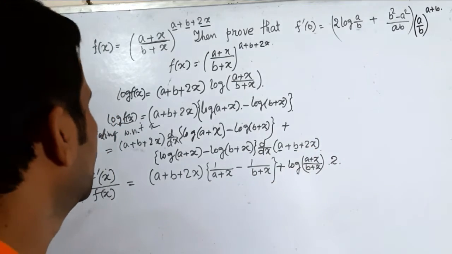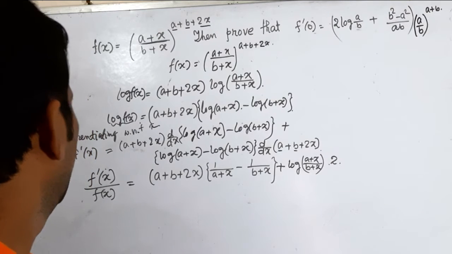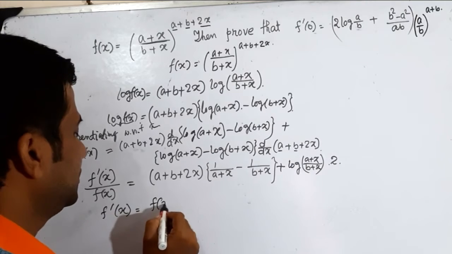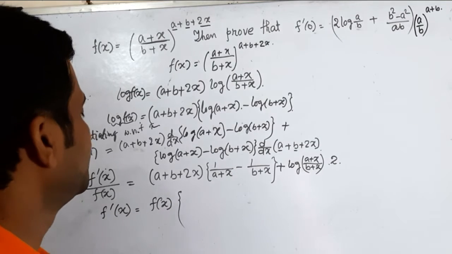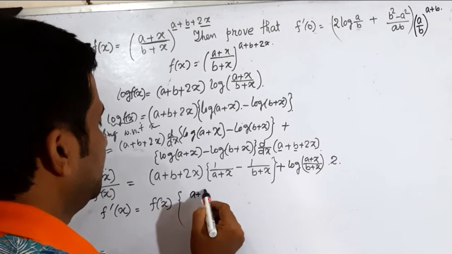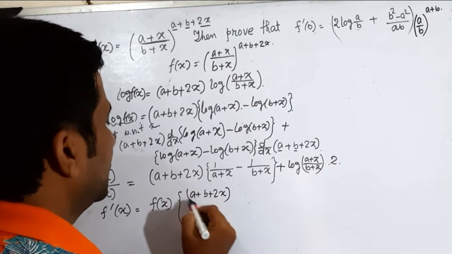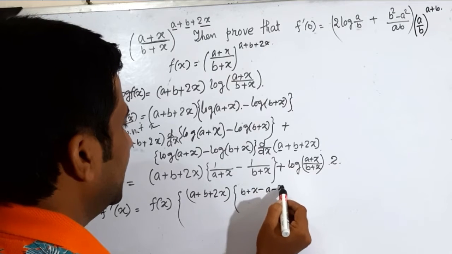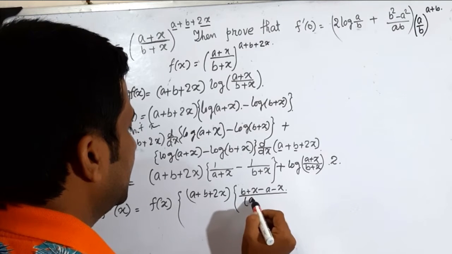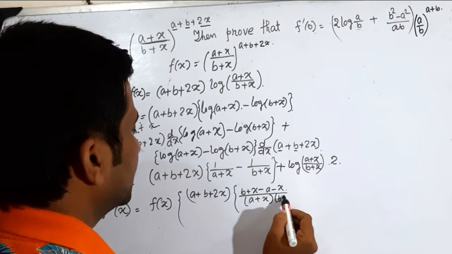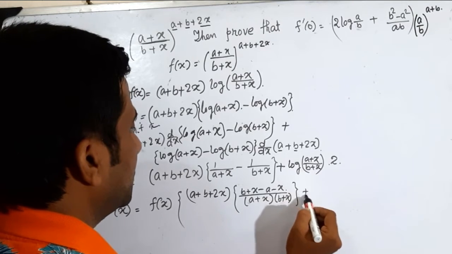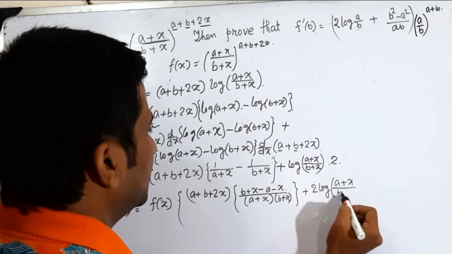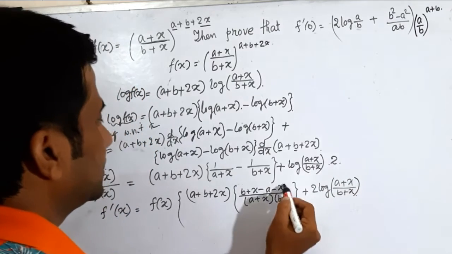So what we get from here, f'(x) is equal to f(x) into [(a + b + 2x) times ((b + x) minus (a + x))/((a + x)(b + x)) plus 2 log((a + x)/(b + x))].